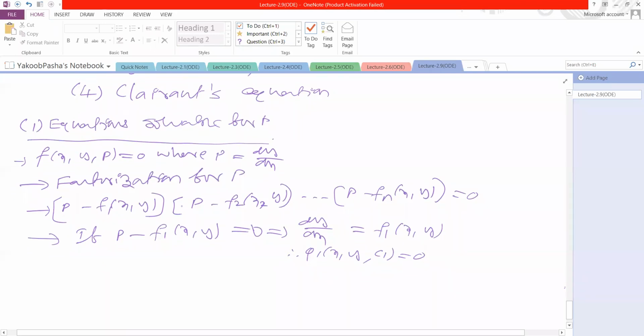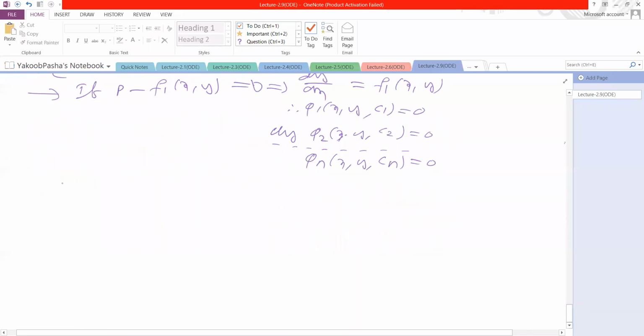Similarly, equating the second factor, we get another solution of the form phi 2 of x comma y comma c2 is equal to 0, and so on. The nth solution is phi n of x comma y comma cn is equal to 0.